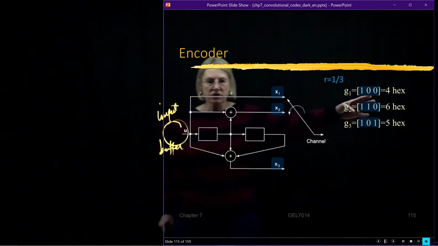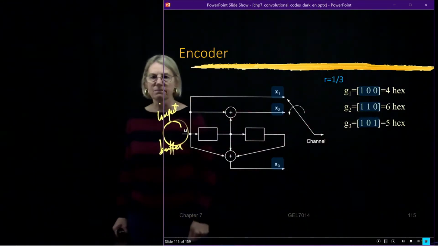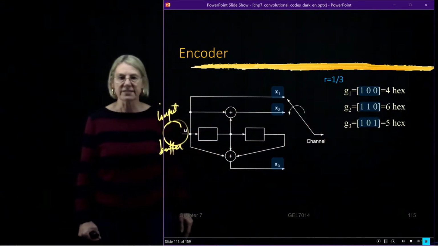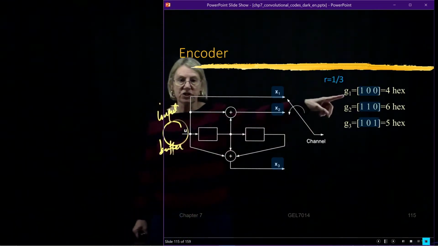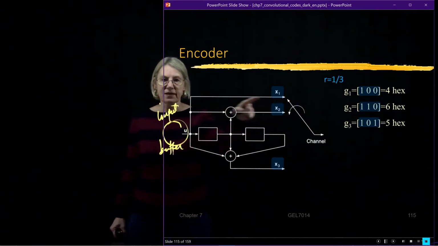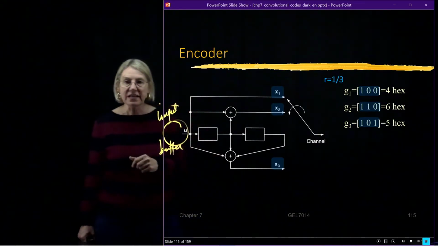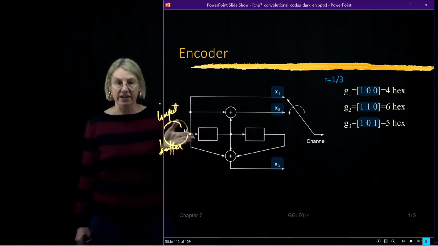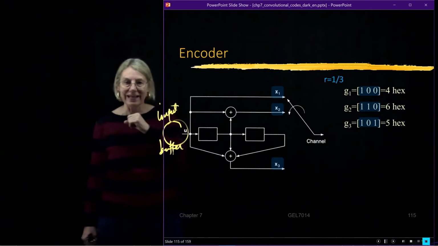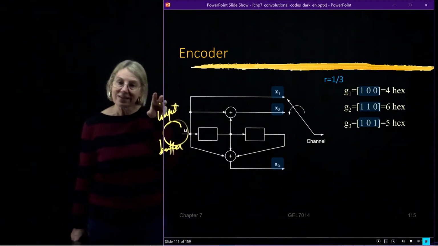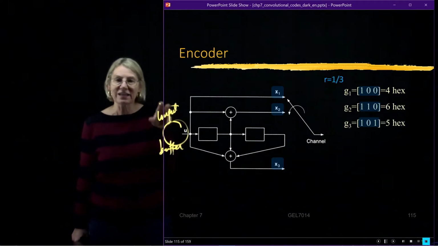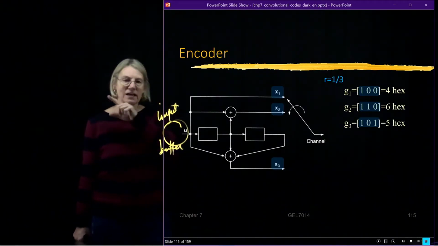They might give you the vector, or they might just give you the hex representation. Now, the first one here, G1, is just simply this interconnection, which means that it's just looking at the input vector, not combining anything with it, which means this is a systematic code. I can read the data bit directly inside of the code.